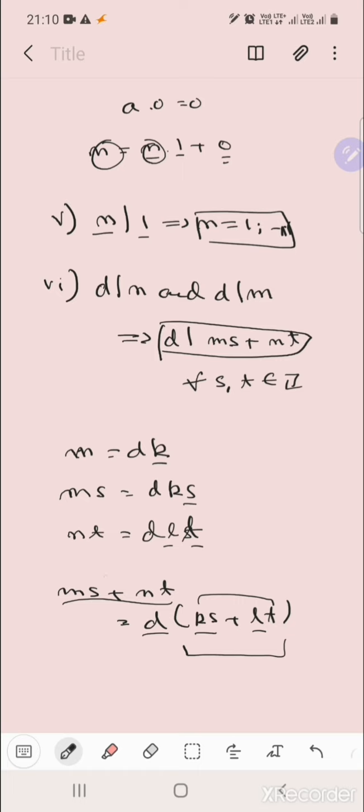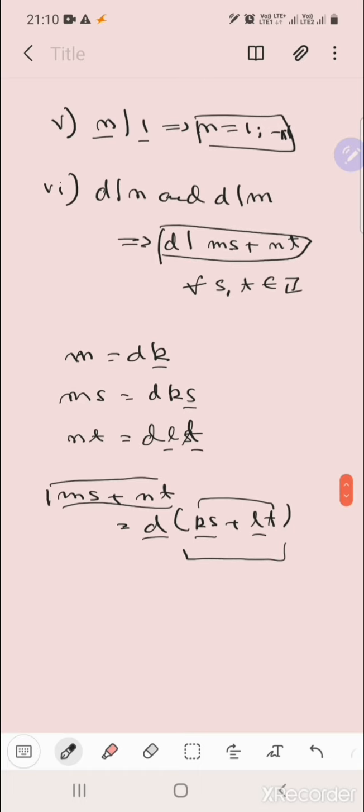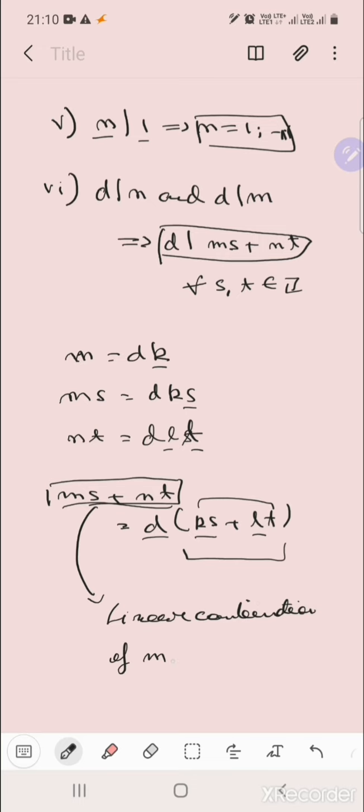Clear? These sorts of combinations of integers are called linear combinations of m and n. Got it?